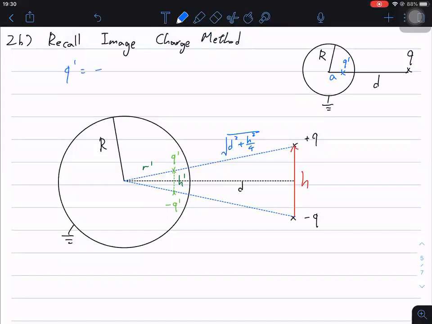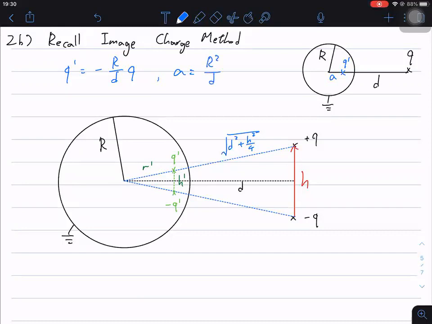So Q prime has the value minus R over D times Q, where the big R is the radius of the conductor, and the distance a of the image charge equals R squared over D.